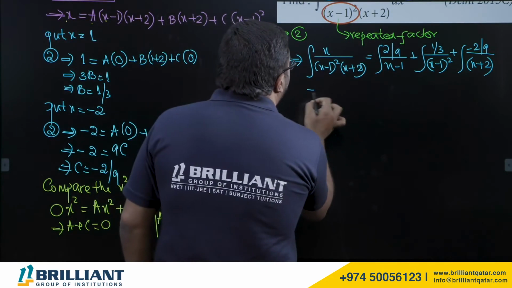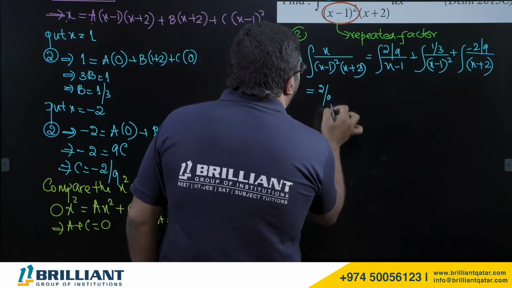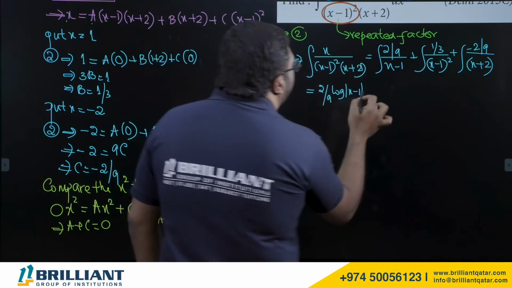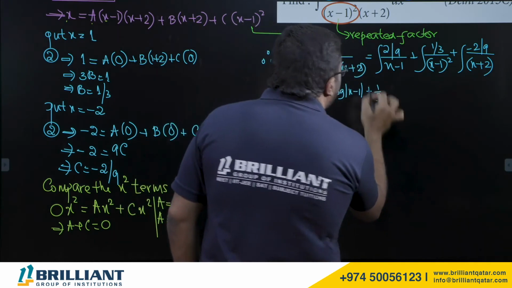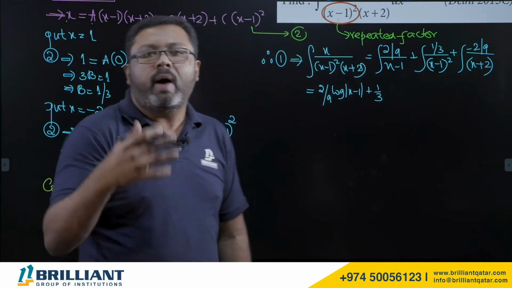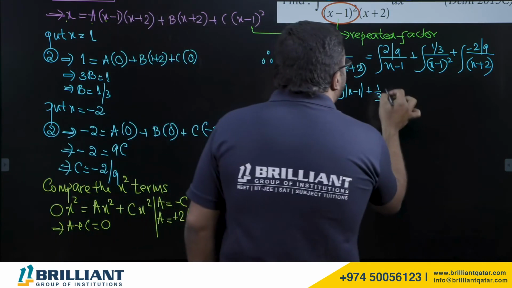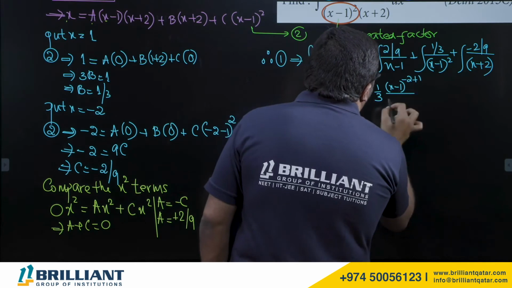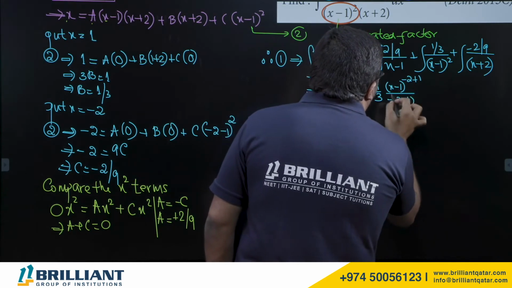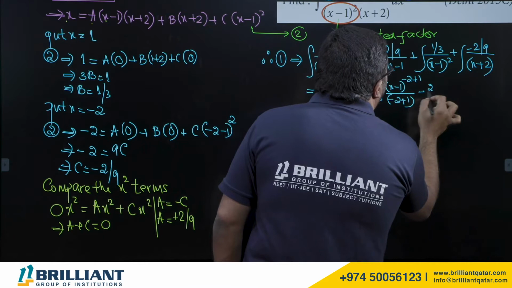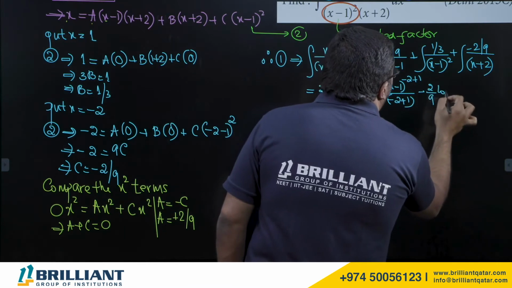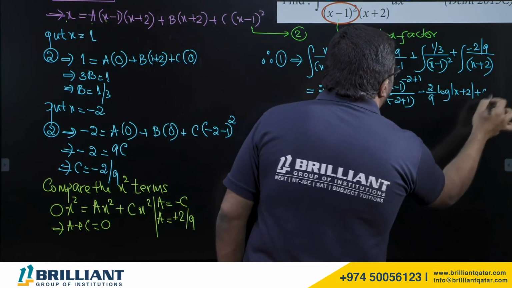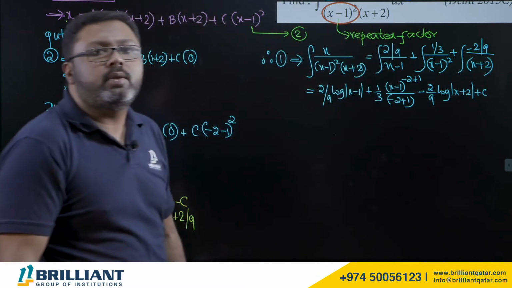That is equal to 2 by 9 log mod x minus 1, 1 by 3. The repeated factor, how do you handle power of n? It is like x minus 1 power minus 2 plus 1 divided by minus 2 plus 1, and again it's going to be a simple factor, minus 2 by 9 log mod x plus 2 plus c.